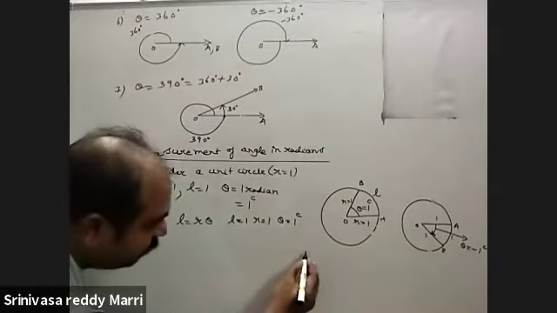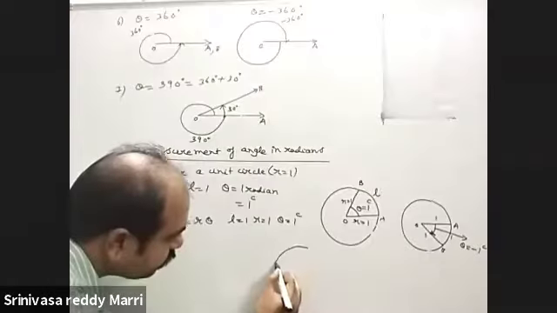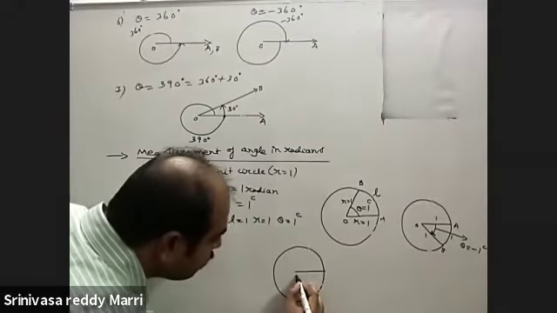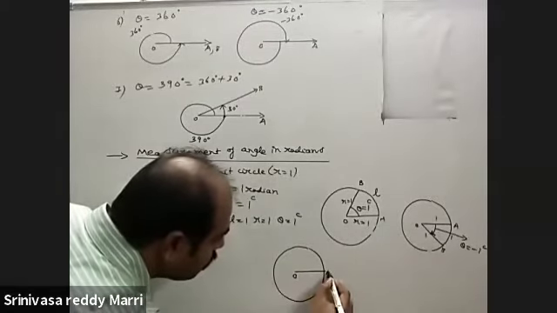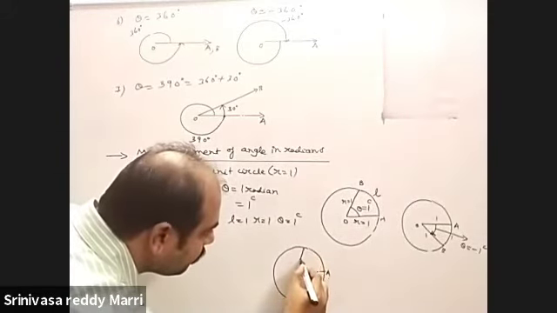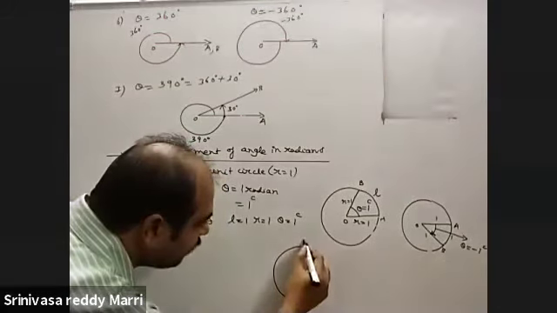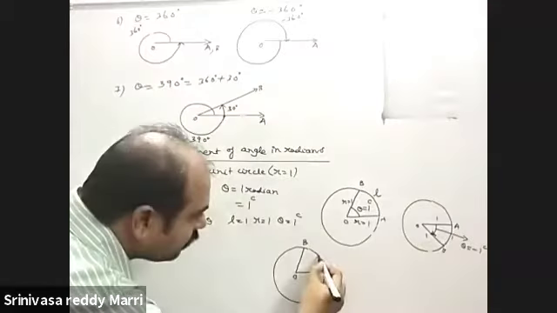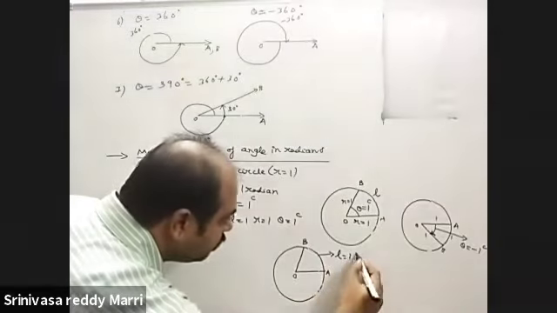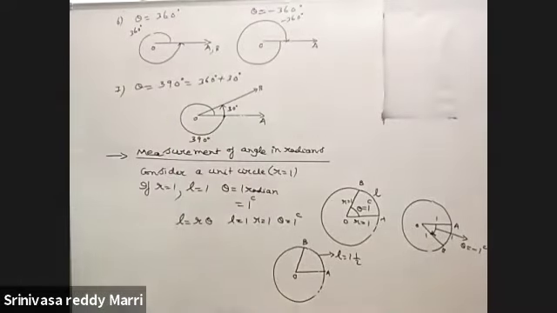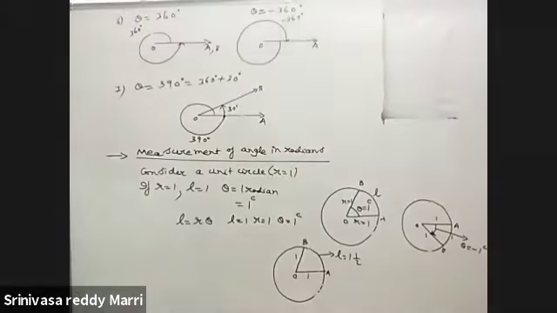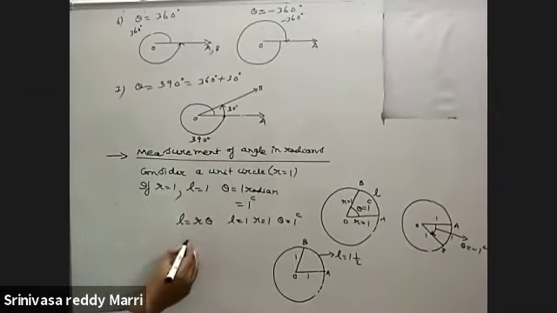Suppose, let us say, this is the initial ray and this is the terminal ray. Let us say this arc length L equals 1.5, so this is 1, this is 1. Therefore theta will be what?